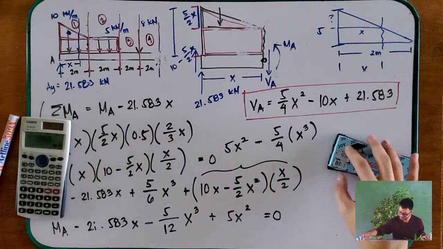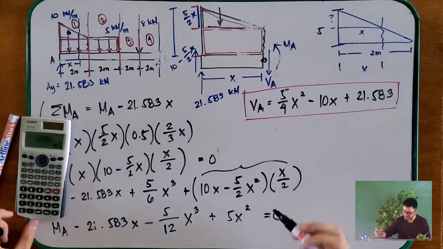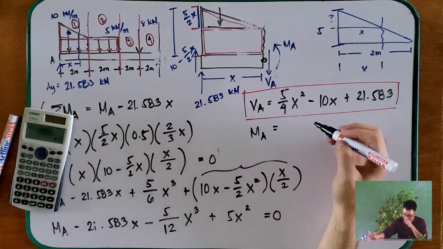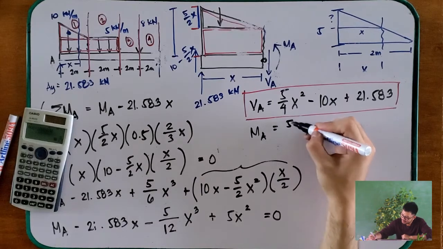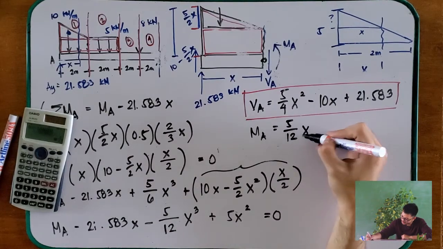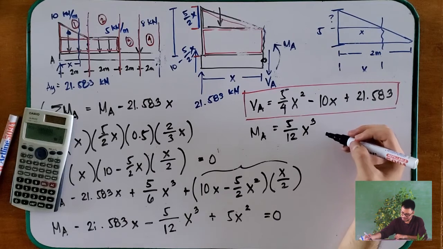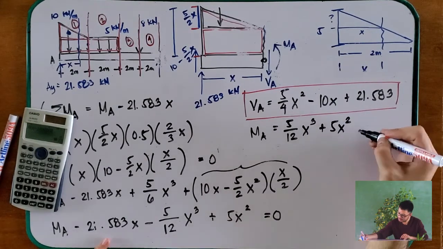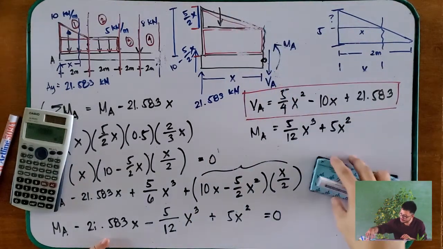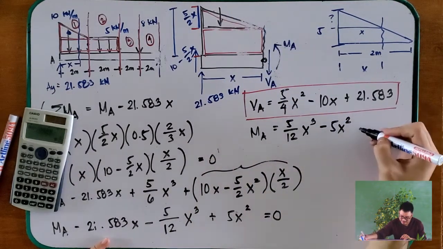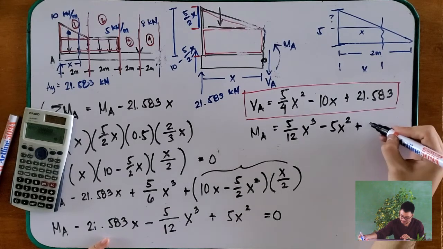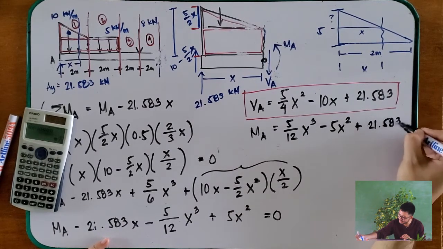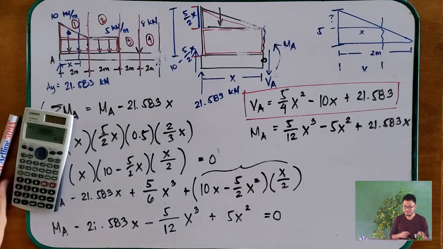So therefore, simplifying it further, you have MA is equal to 5 over 12 x to the 3 plus 5x squared. Oh no, this is minus 5x squared plus 21.583x. So, this is our MA.